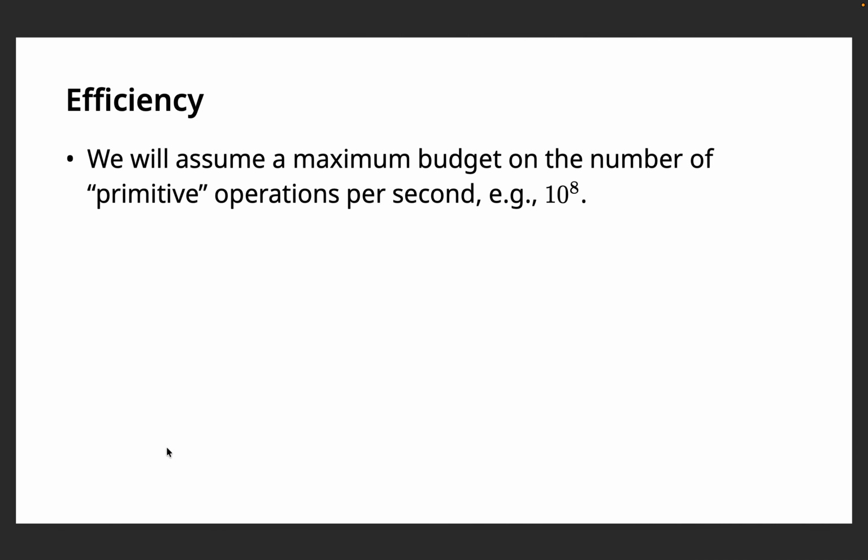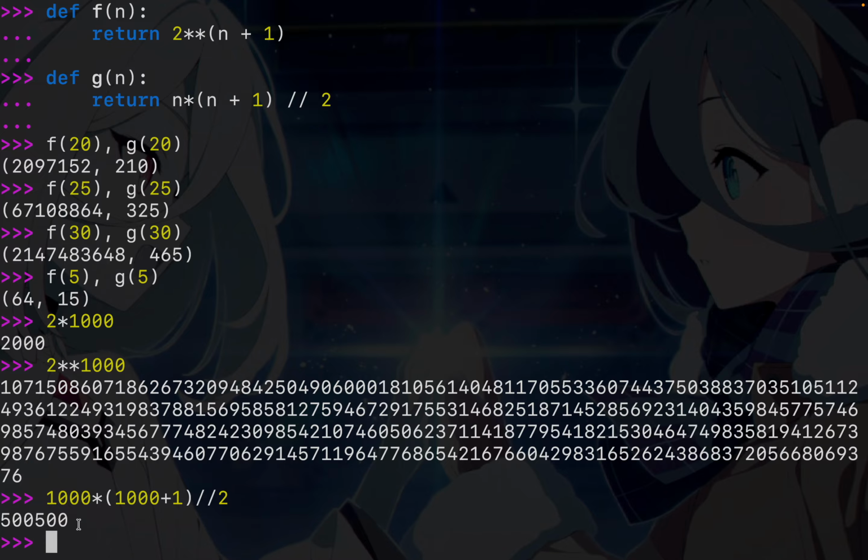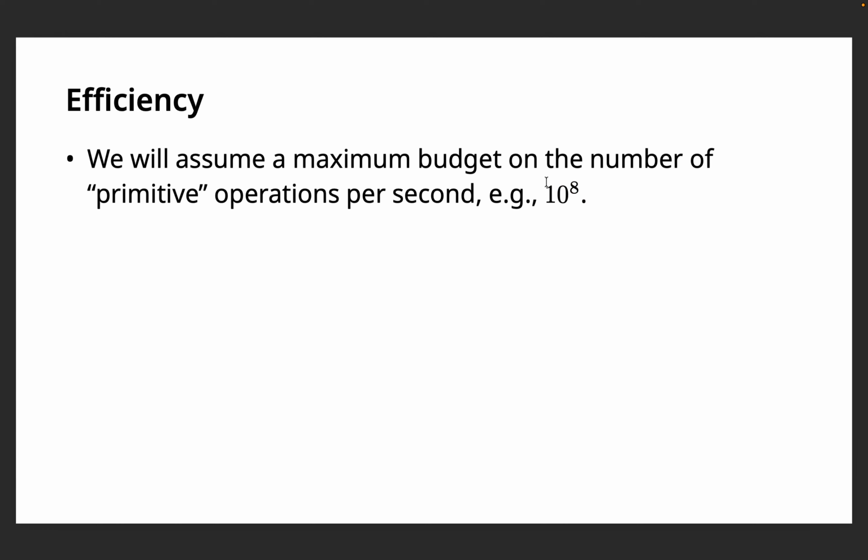Okay, so for our cases, what we will usually do is we're going to assume that for each second, our computer can run around 100 million operations. So for example, if we run 500,000 operations, we're going to assume that our computer can do that at a rate of 100 million operations per second.